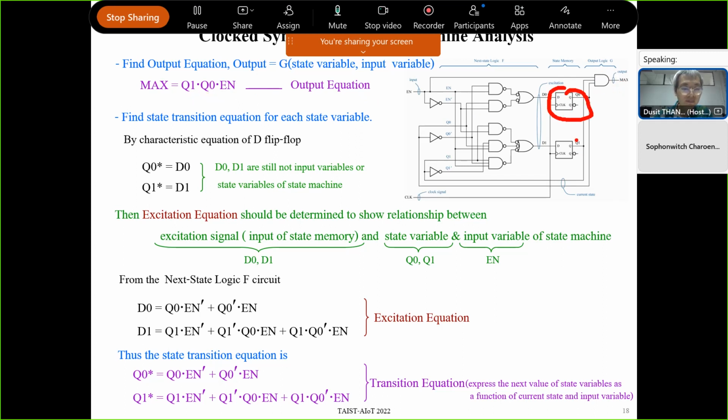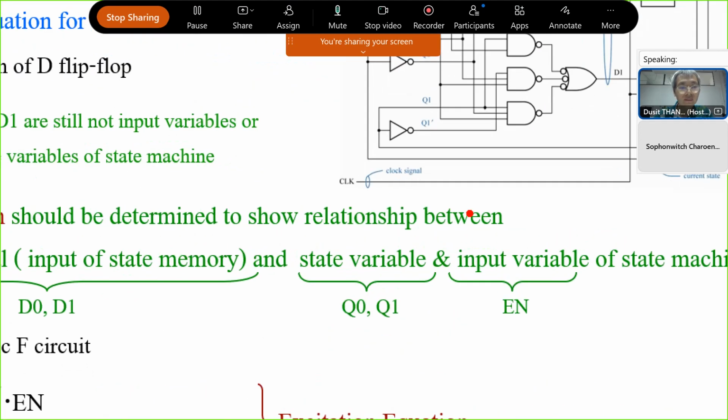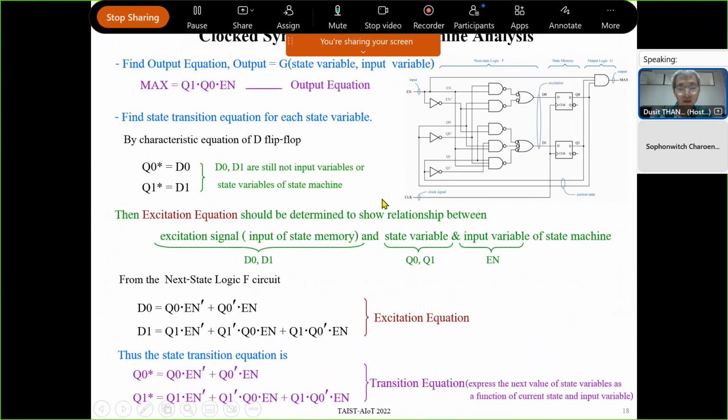And for a D flip-flop, the new value of Q, let's say Q star, the new value of the output of the flip-flop after the clock tick. For Q0, it reads data from D, so we write Q0 star equal to D0. This one also, Q1 star equal to D1.